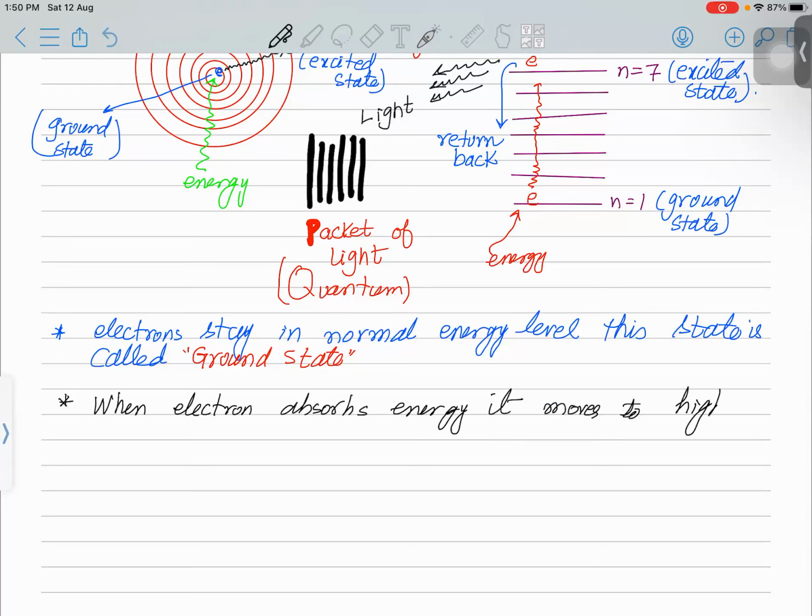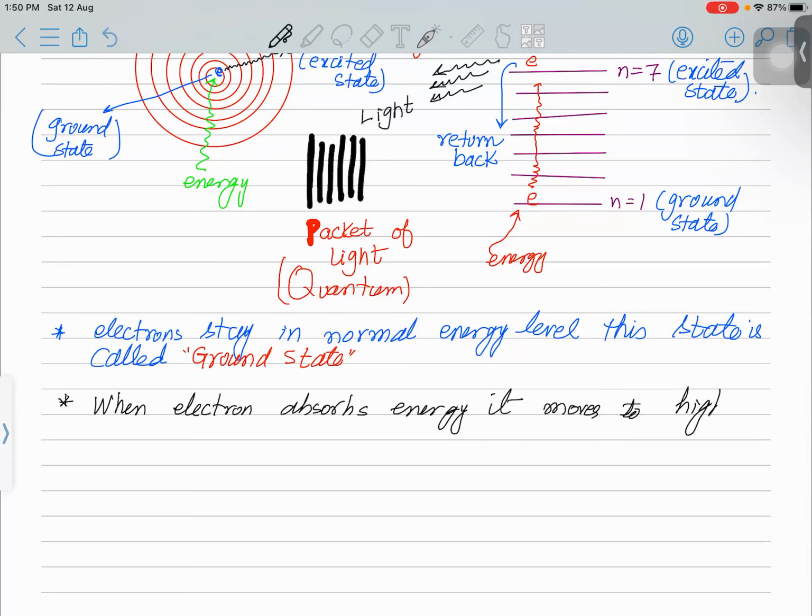Let's suppose Usama is an electron. This is the first shell. This is another shell. This is another shell. Here we have the electron. So the electron revolves around Karachi.